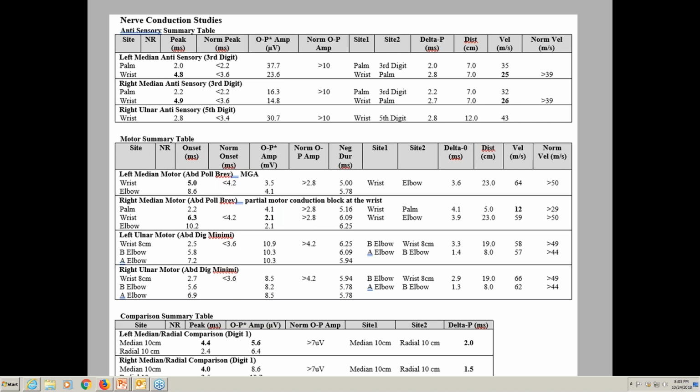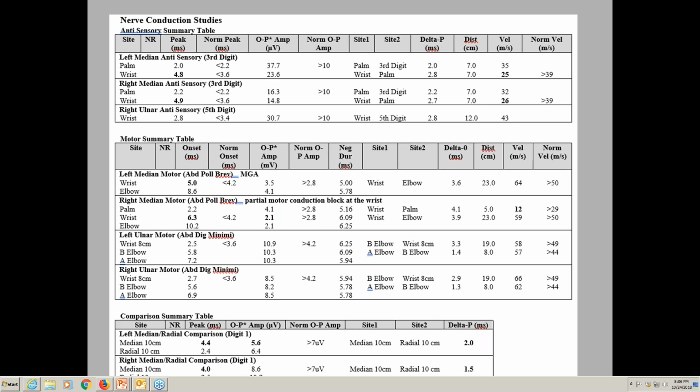There is no other electrophysiological evidence of any radiculopathy, myopathy. You don't have an EMG to identify radiculopathy, but I did say the EMG was normal. You're right. Okay.